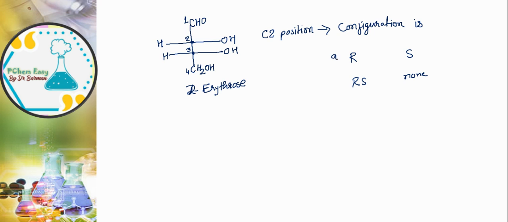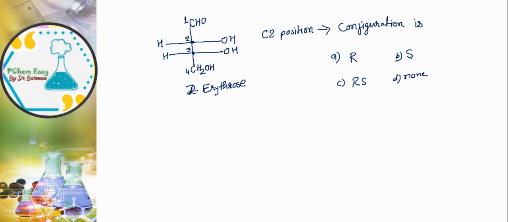A, B, C, D. So you have to find whether this C2 position is R or S. These types of questions you will be able to solve by seeing this video.